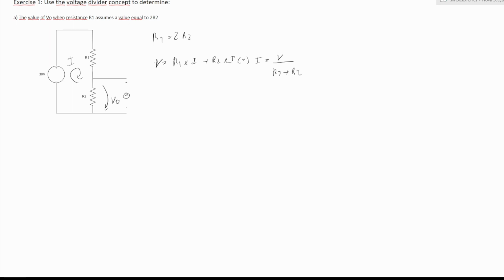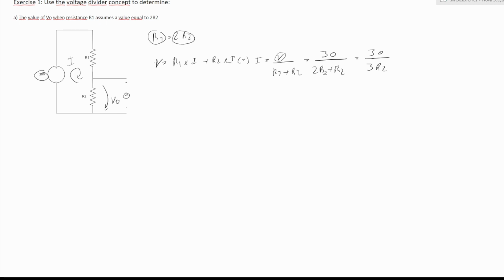We know that this voltage over here is 30 volts, and so 30 divided by, and you know that R1 is equal to 2R2, 2R2 plus R2, is equal to 30 divided by 3R2, right?